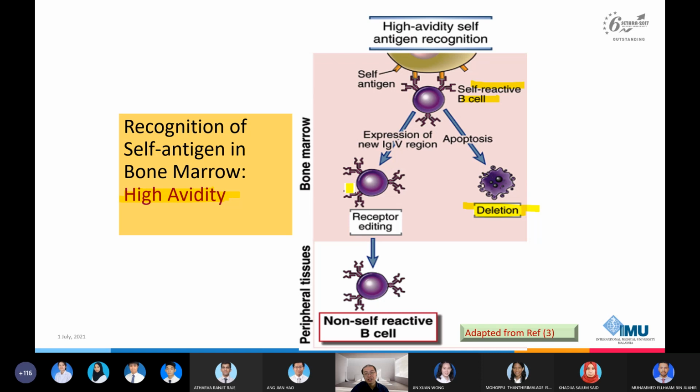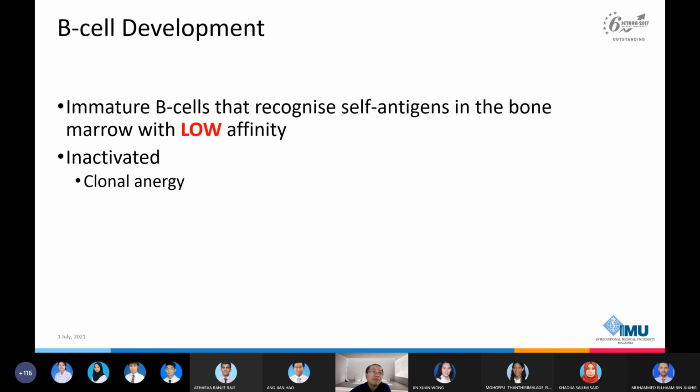However, they can still get receptor editing to generate a non-self-reactive cell. So they get a second chance in that sense. However, if they repeat too much, ultimately they also become this. So it's not indefinite.